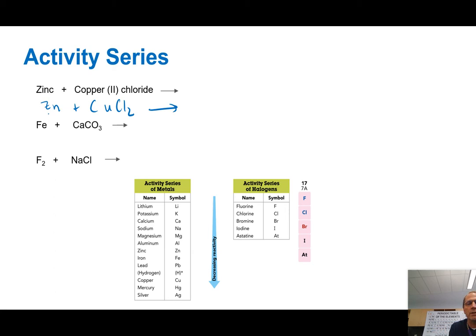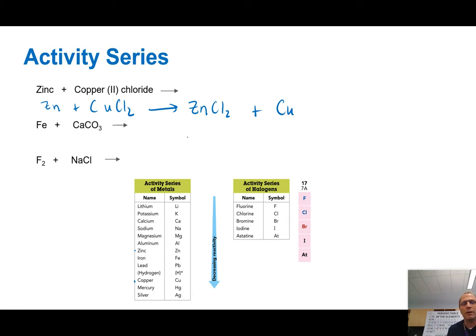The question is, is zinc more reactive than copper? If you look here, it is. So that reaction is going to take place. Zinc chloride is going to be produced, and what's left over is going to be the copper. All they did was switch places.